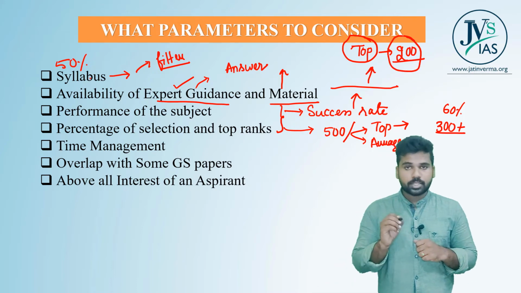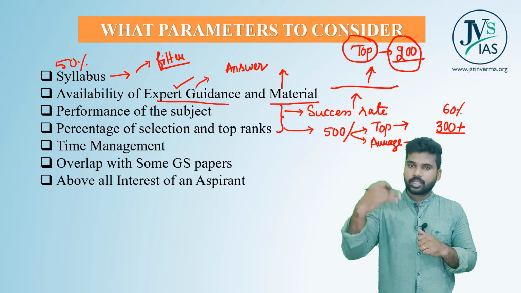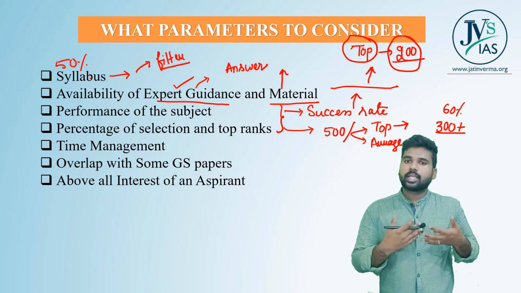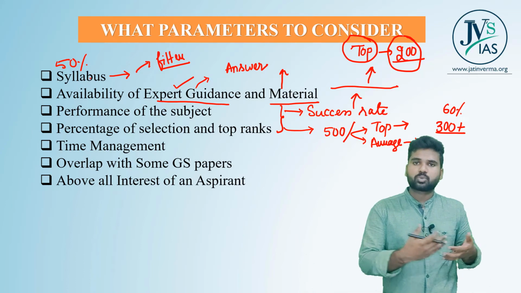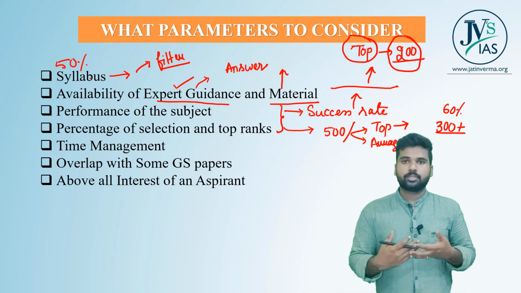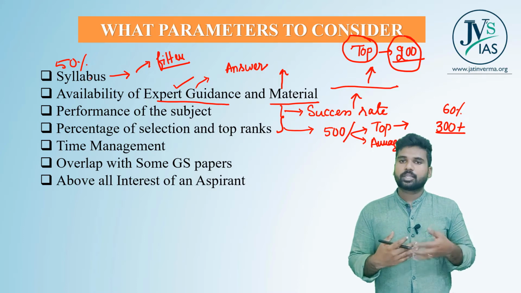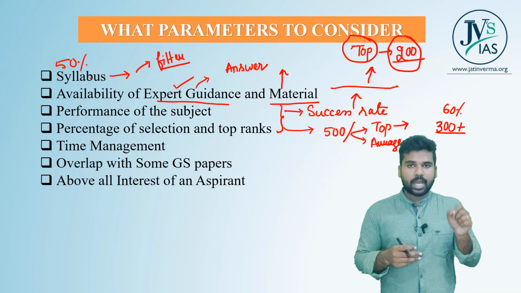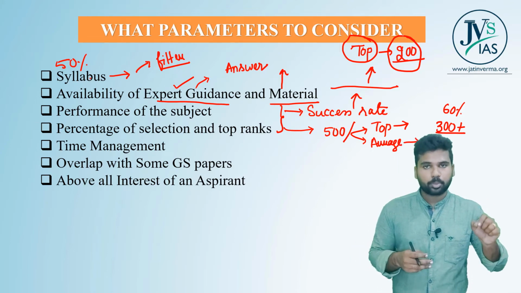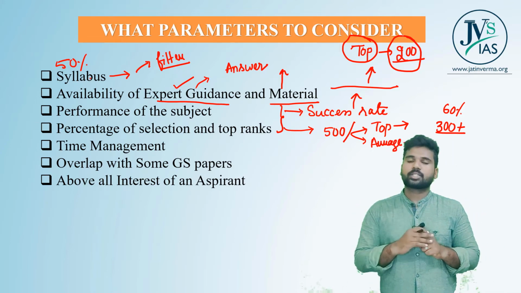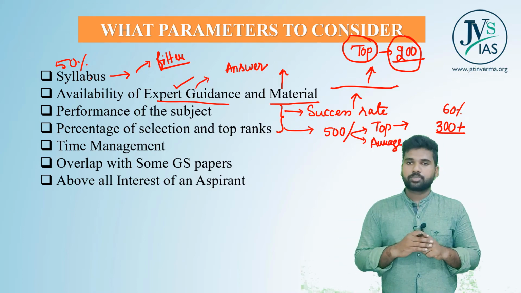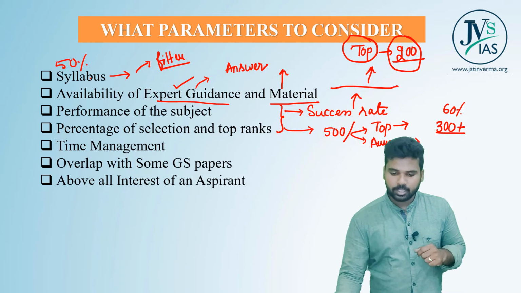Taking what subject the aspirants in the top 200 have, that will tell you that these aspirants are able to manage their optional subject as well as GS subjects equally. So that gives you the information that this particular subject can be taken up so that I can balance my preparation with respect to the optional as well as GS and essay papers, so that I can score well in all the subjects. That will be revealed by this.